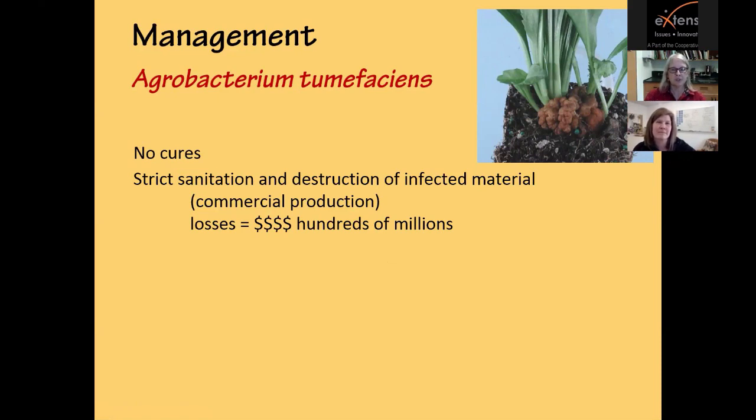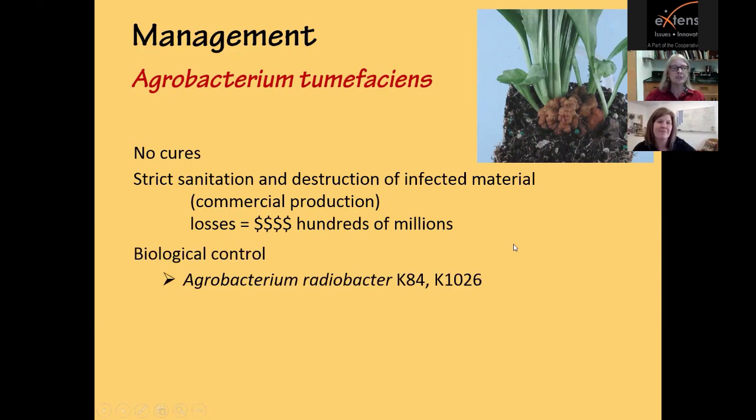They're all very susceptible. So when they get it, they can't really sell that material, because who wants to see something that looks so gnarly? You're just not going to buy it. So they destroy it.